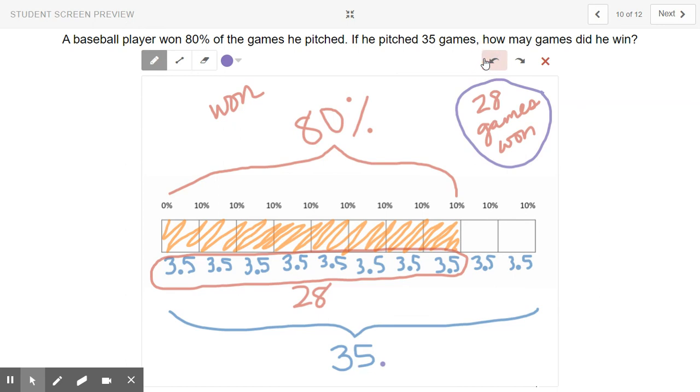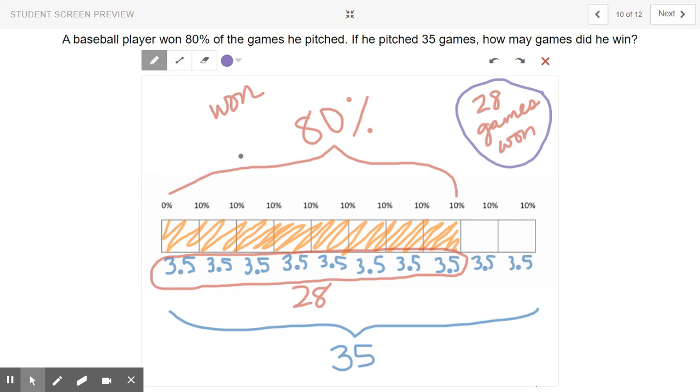So every number underneath the square is 3.5. Now, since this baseball player wins 80%, I shaded 8 boxes. So I multiplied 3.5 times 8. And act like you're multiplying whole numbers. So 35 times 8 is 280. Then throw the decimal back in. The answer is 28.